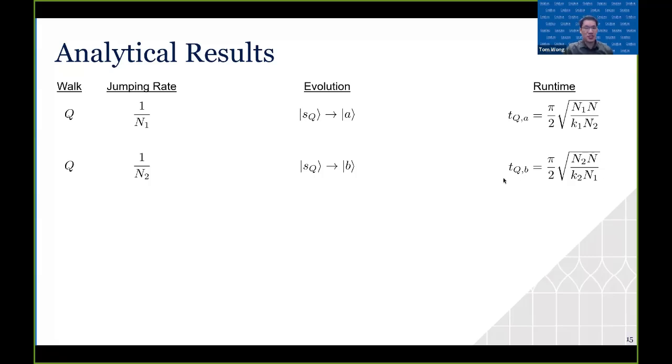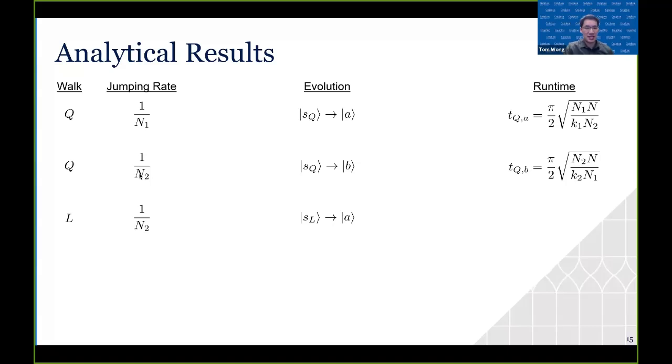And just to compare this to the other quantum walks that came from previous research that I did with some collaborators back in 2016, with the normal standard Laplacian, there's actually also 2 jumping rates. So when the jumping rate is 1 over n2, then this regular Laplacian quantum walk evolves to the marked vertices in the left set.